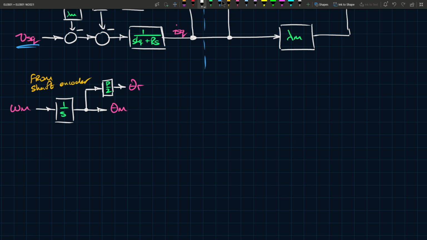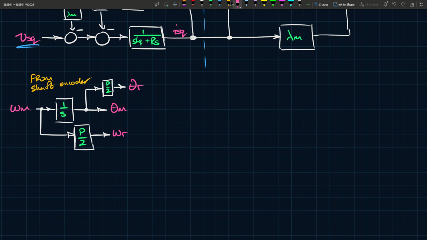And then let's say you want to also get omega r, because omega m is the mechanical speed and omega r is like kind of like you think of the electrical speed, because we know that there is a difference between the two in the general case, and in this case as well. And the difference between the two is dependent on the number of pole pairs, p. And so you multiply that by p over 2, and the output of this is omega r.